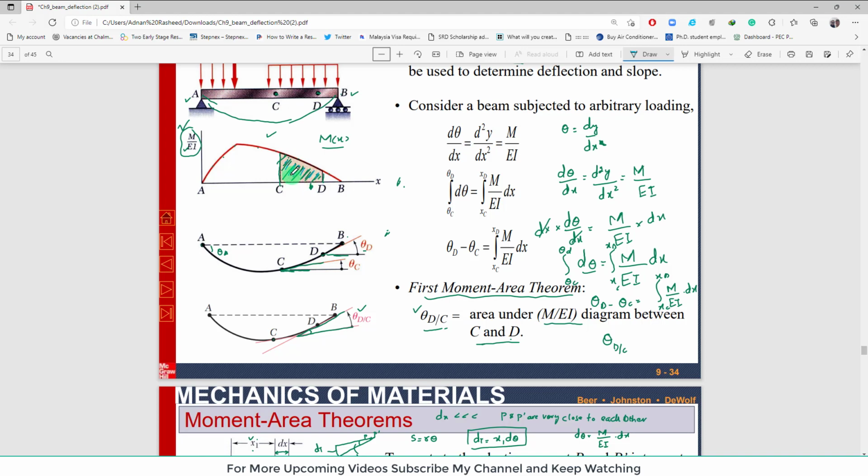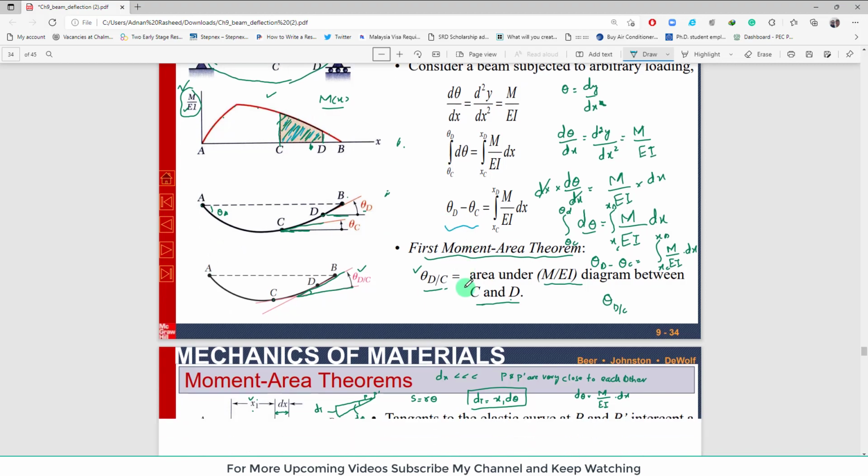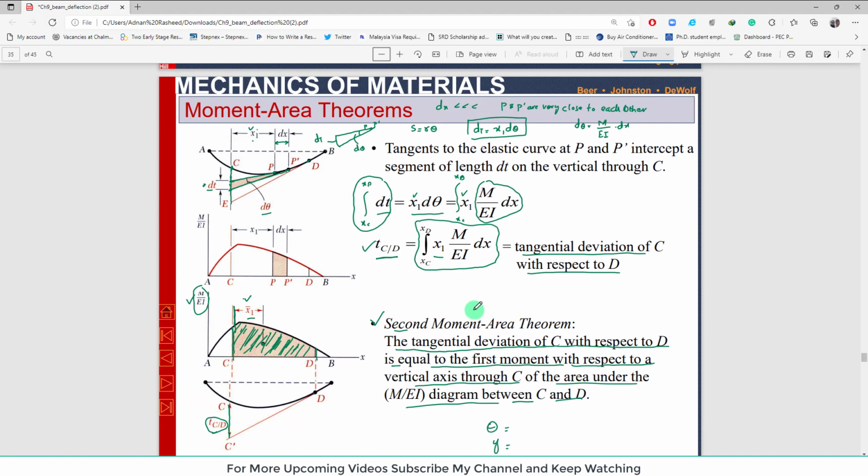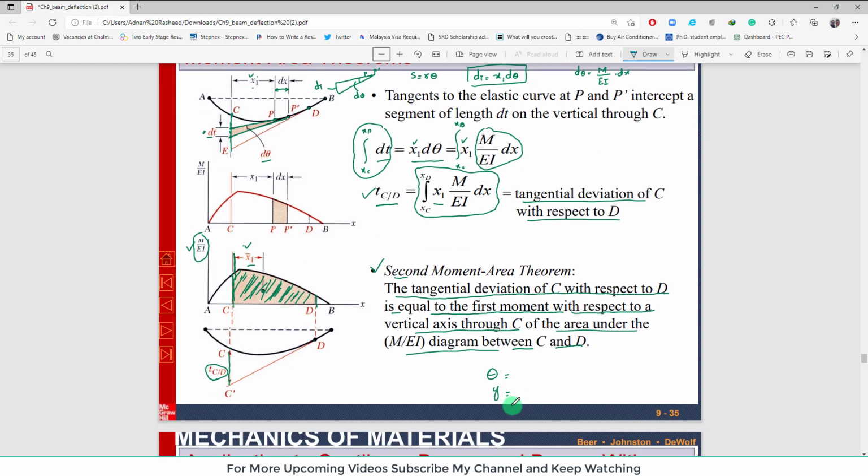Here it is points C and D, so the area under the curve of M over EI between points C and D will give you the slope of point D with respect to C. The second moment area theorem is used to find the deflection, and that is equal to the tangential deviation of any point with respect to another point. Here it is D, which is equal to the first moment of area with respect to a vertical axis through C of the area under the M over EI diagram.